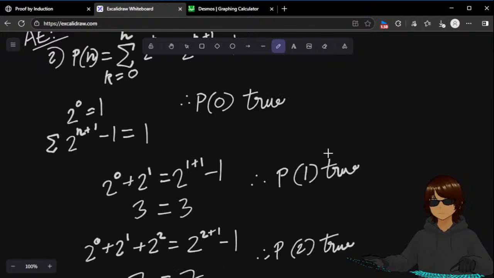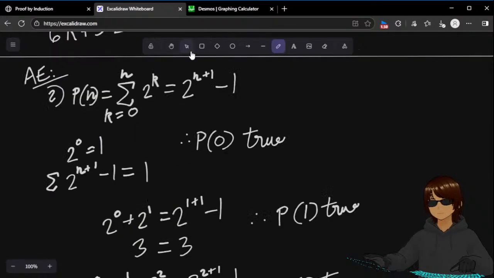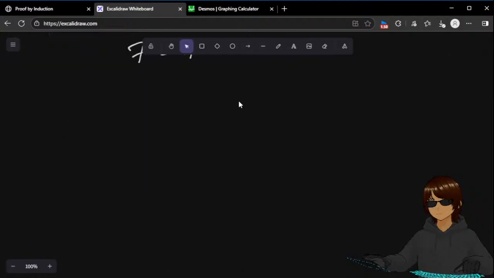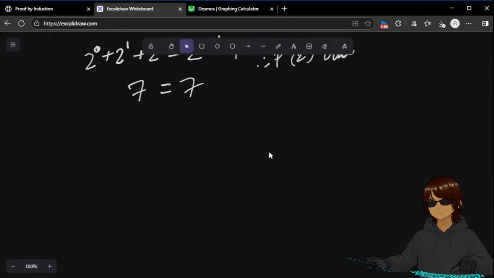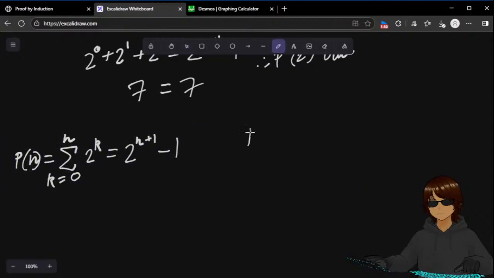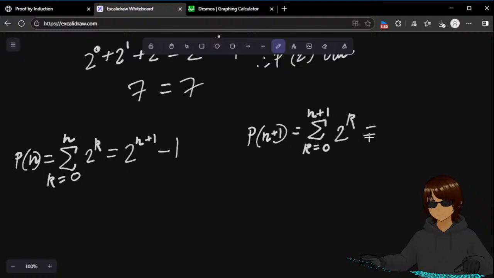Now we have to prove for Pn plus 1. This is equal to 2 to the power of n plus 2 minus 1.